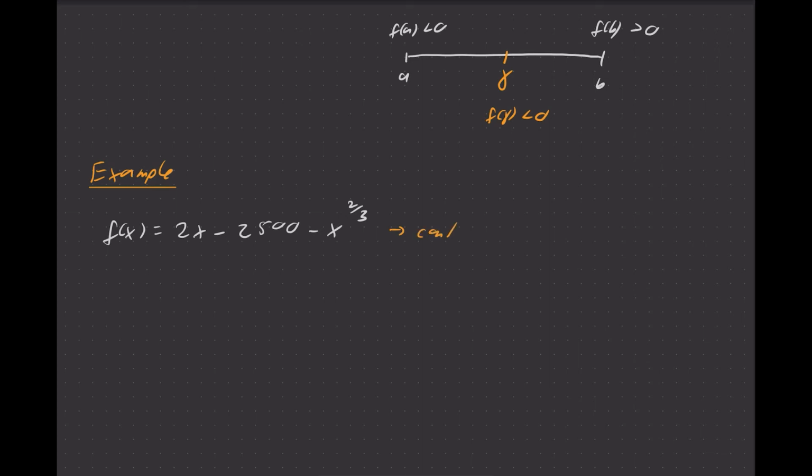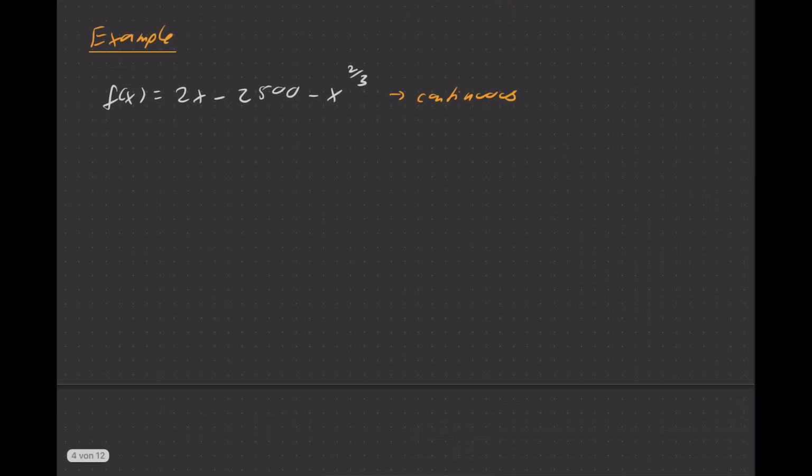So the first thing we need to note is this function is continuous. We want to find a root, or at least approximate a root of f. And the next thing we need to do then is we need to find an interval, AB, that contains such a root.